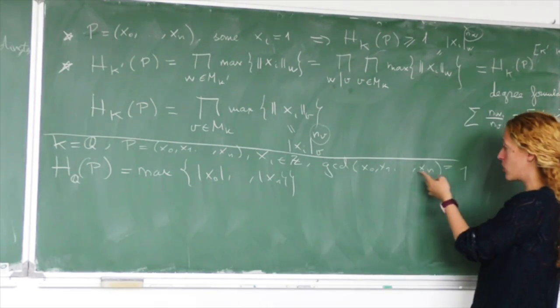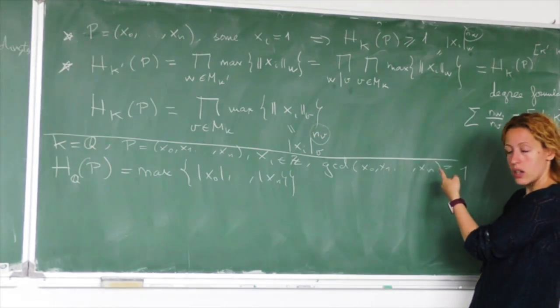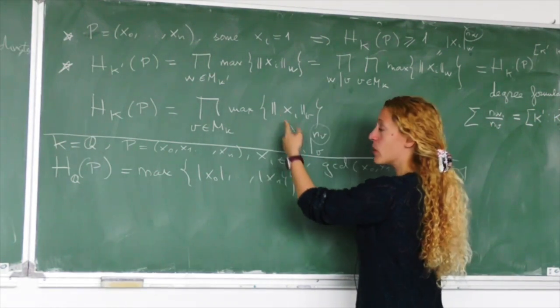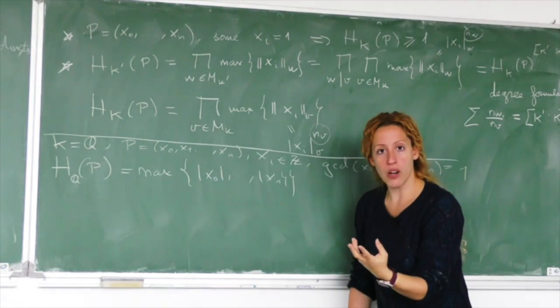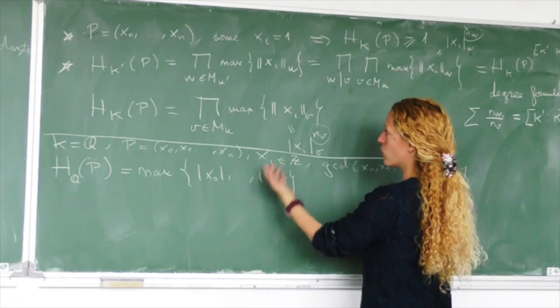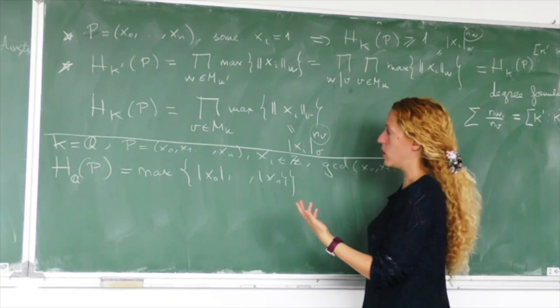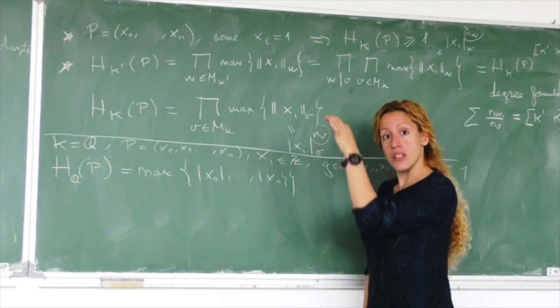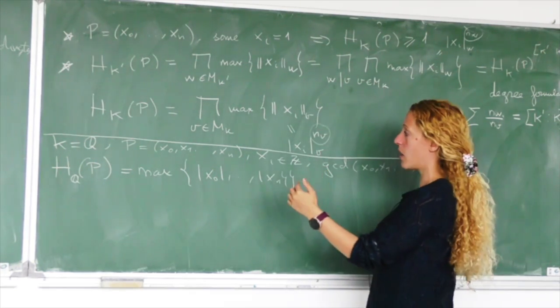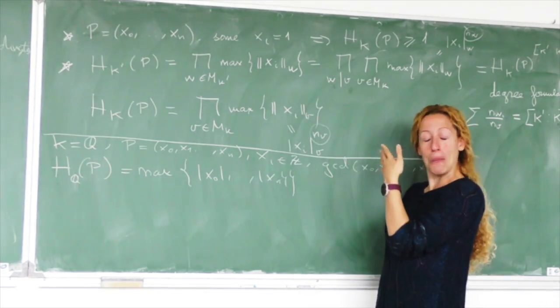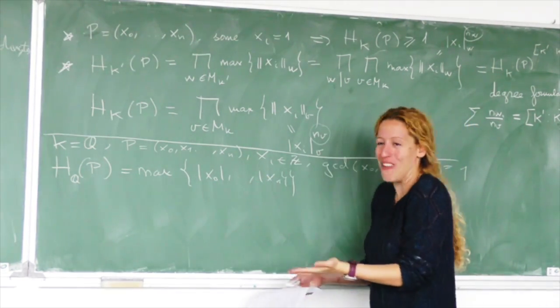But then the maximum that appears here for a p-adic valuation is going to be equal to 1, because for that coordinate the valuation is 0. So the absolute value is equal to 1. Whilst for the others, if there is a p that divides, then the absolute value is p to the minus something, but this is smaller or equal than 1.